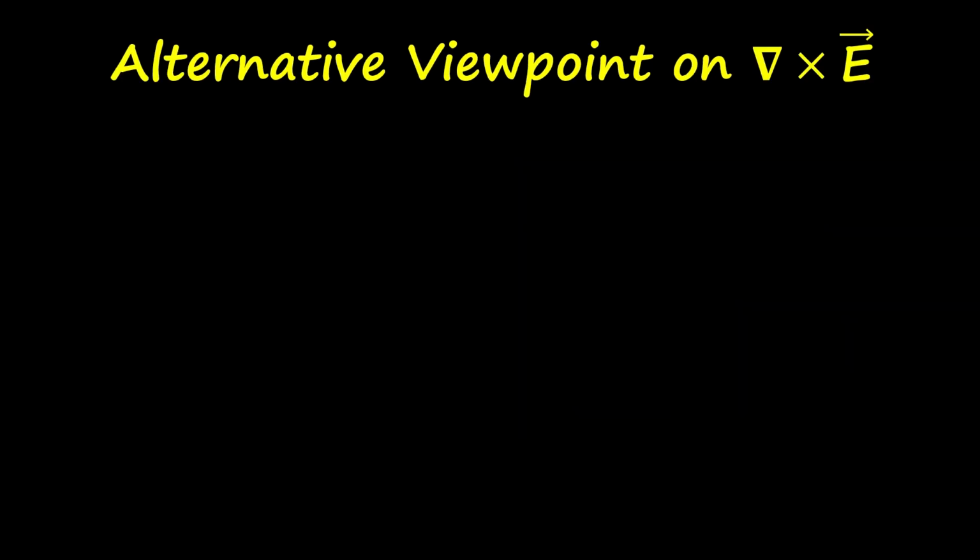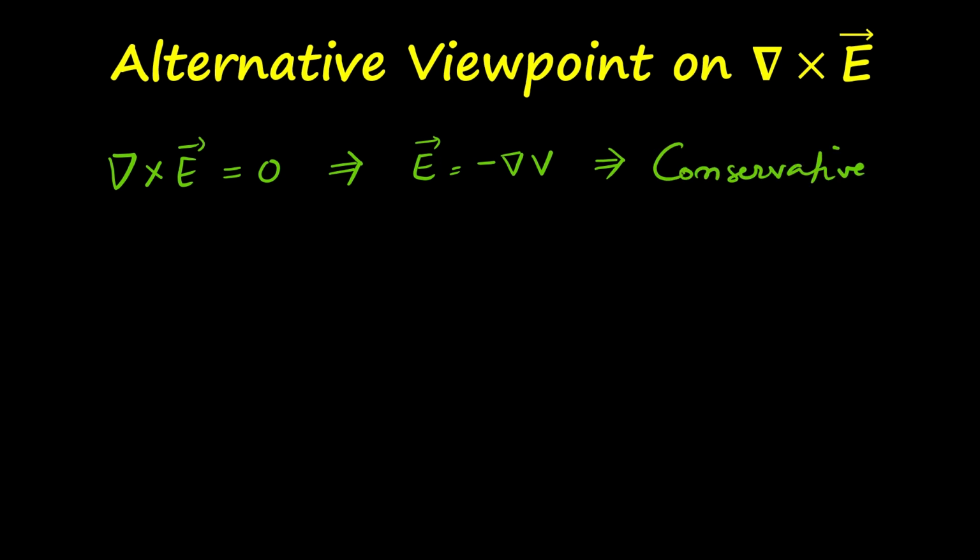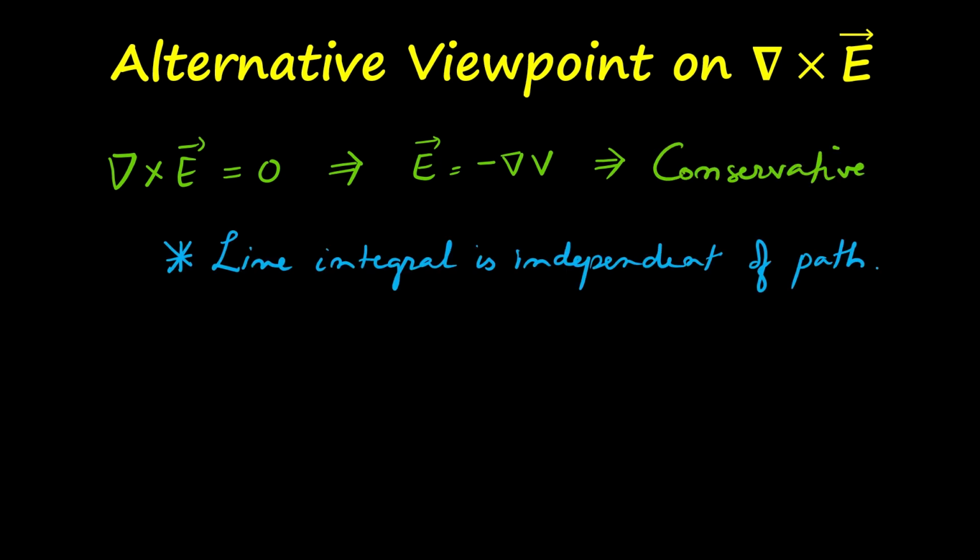There is an alternative viewpoint on curl of electric field. If the curl of electric field is 0, then we can write the electric field as the negative of the gradient of a scalar function. If we can write this expression, then the electric field is said to be conservative. And if the system is conservative, then the line integral is independent of path.